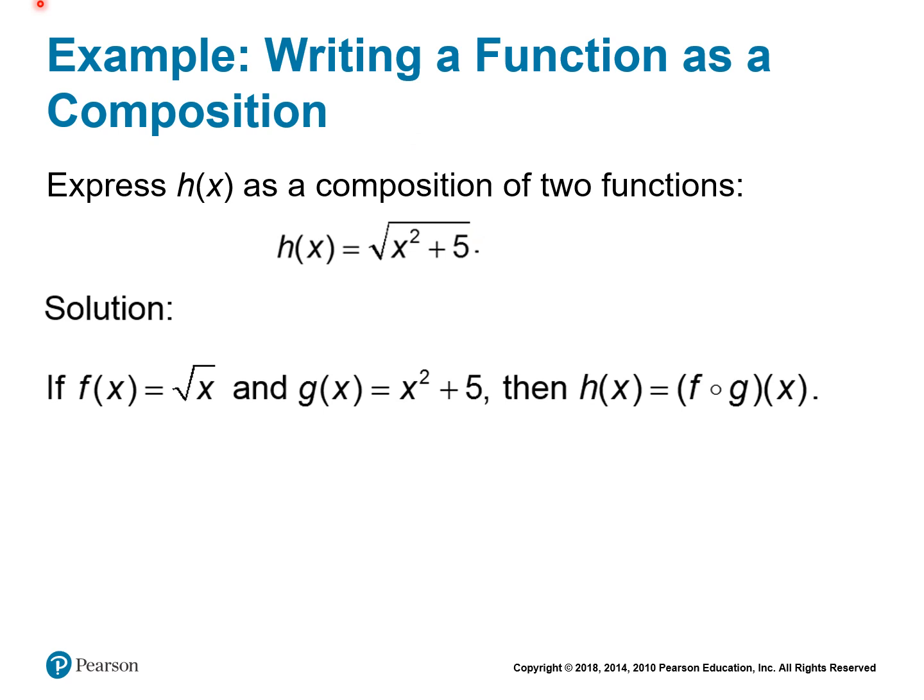We want to write it as two functions, f of x and g of x. So the way to go about it is look at what the operation here is. It's square root over x squared plus 5. So we have taken an expression and put it under the square root function.